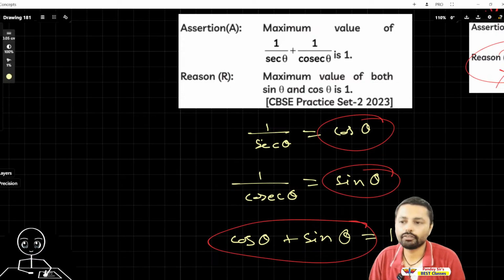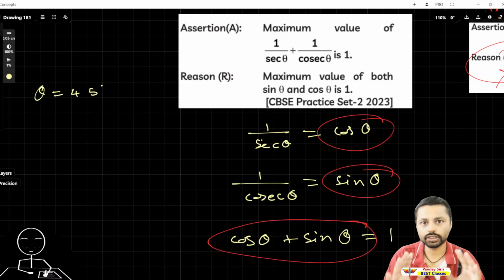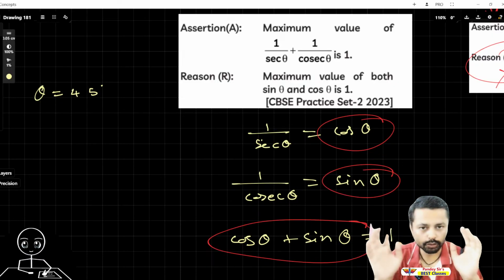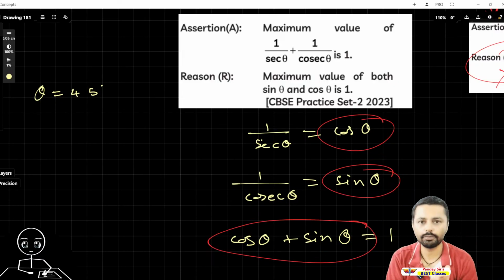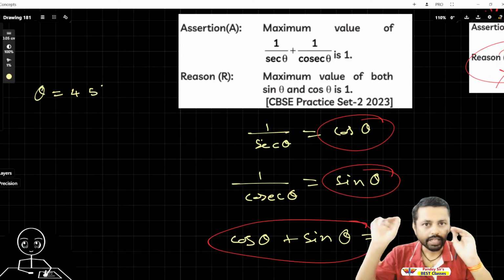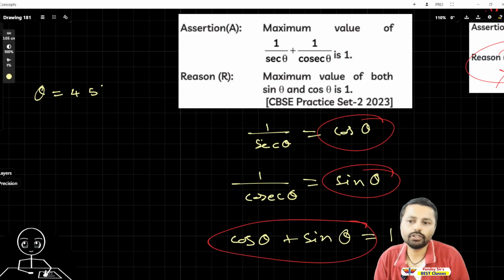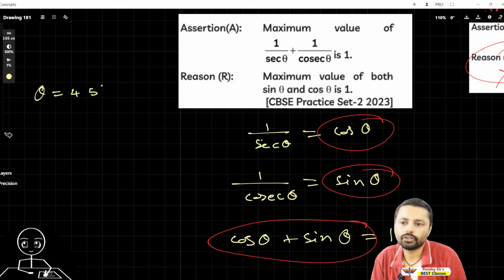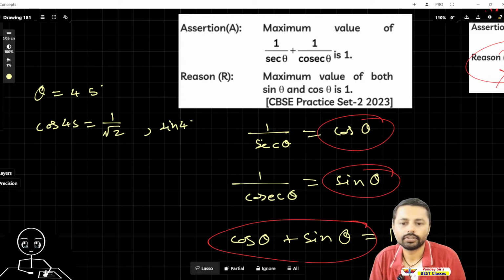Now, if we take the value of theta as 45, this question is given for deep thinking, so I am telling you how to think deeply. Let's activate your detective mode. What if theta is 45? Then cos 45 will be 1 by root 2. Similarly, sin 45 is also 1 by root 2.